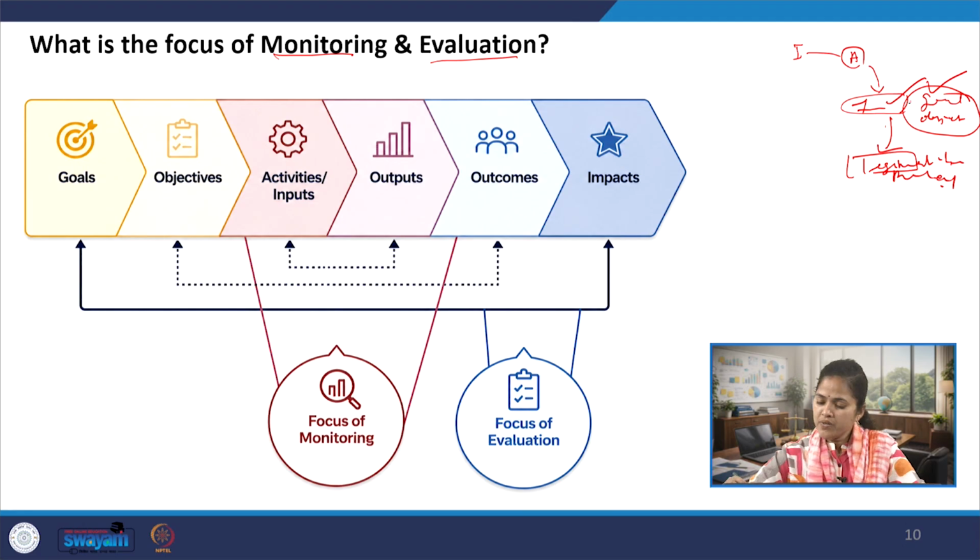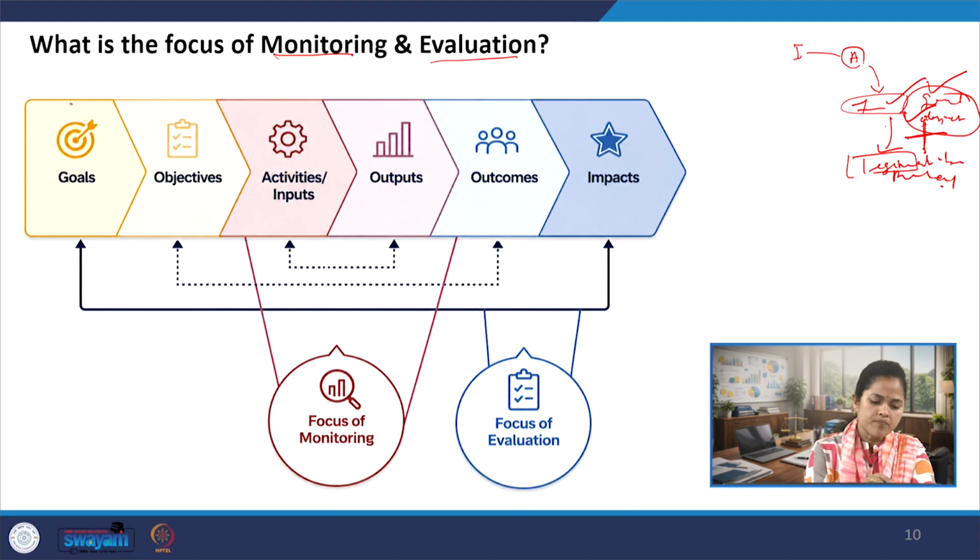That means during policy formulation it has already been delineated what the goals are, the broad objectives, and what the specific objectives are.